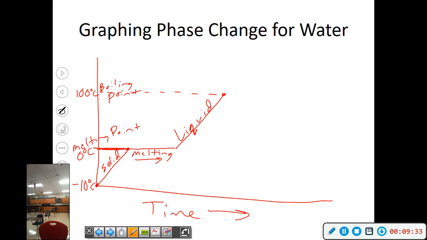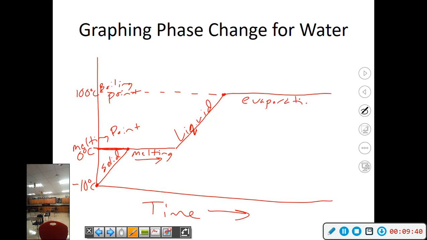And as that happens, we have evaporation, also known as vaporization. Once all the evaporation has occurred, you have a gas, and the gas will now heat up above 100 degrees Celsius here. And that's the end of our heating curve.